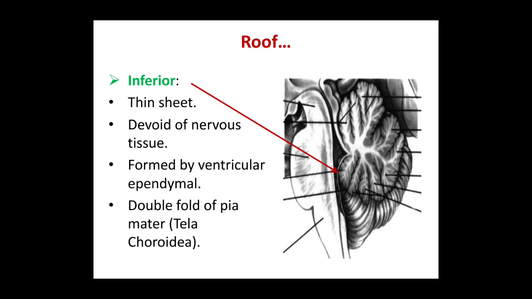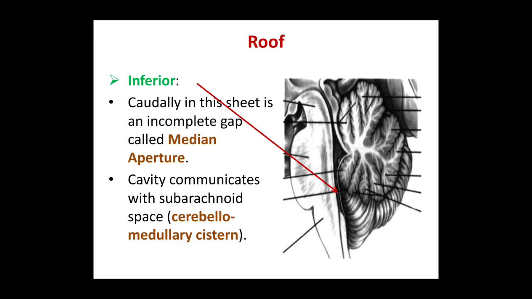There is a double fold of pia mater called the tela choroidea. Caudally, this sheet is incomplete. There is a gap called the median aperture, where the cavity communicates with the subarachnoid space. This is called the cerebellomedullary cistern.